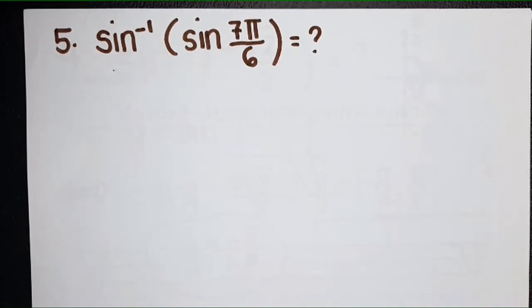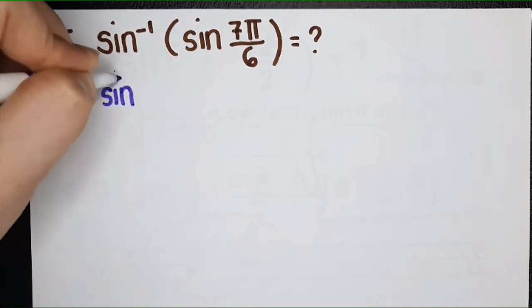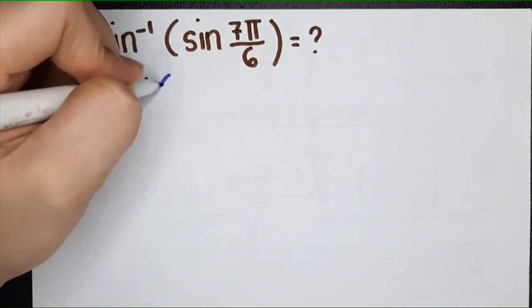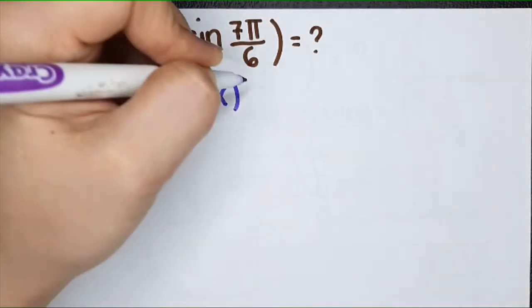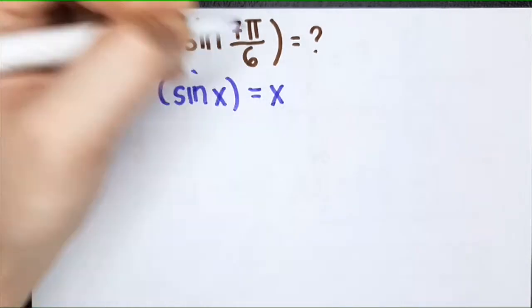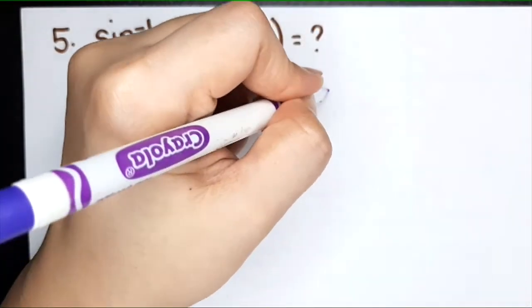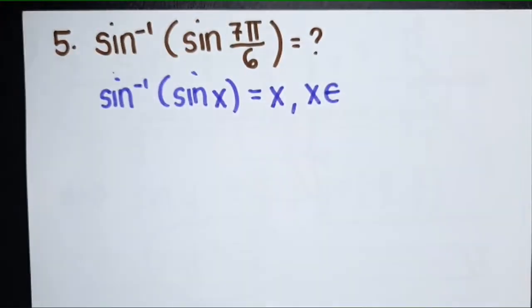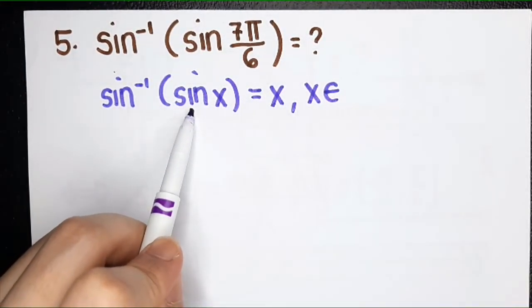Let's try this example. You may want to recall, baka naalala nyo lang yung kaninang note natin. Here. This one is equal to x, right? But x must be in the domain of sine. What is the domain of sine?